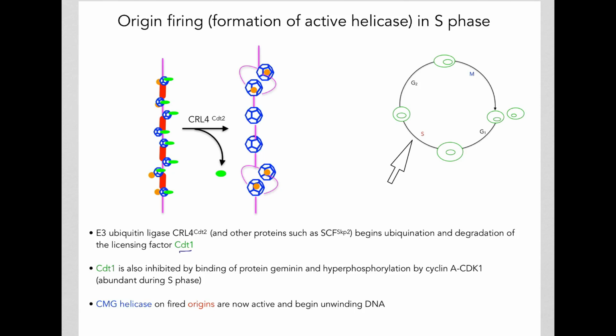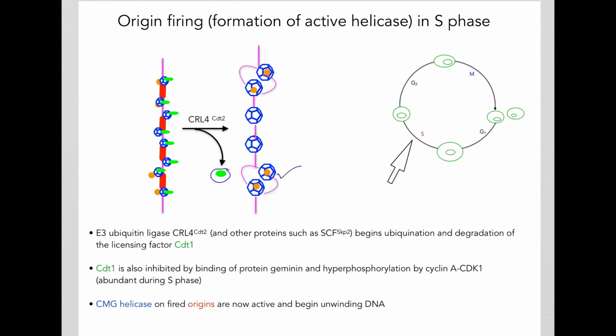Besides degradation of CDT1, CDT1 can also be inhibited by a protein called geminin during this time, and by hyperphosphorylating CDT1, especially by cyclin A-CDK1, that can also lead to inhibition of CDT1 activity. So through all these means, CDT1 is removed, destroyed, or inhibited, and now the helicases are activated.